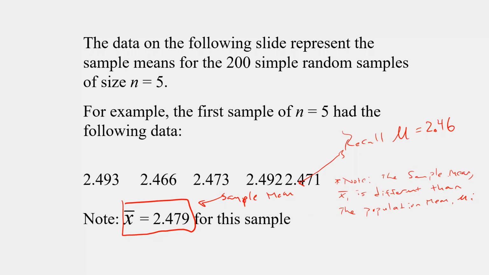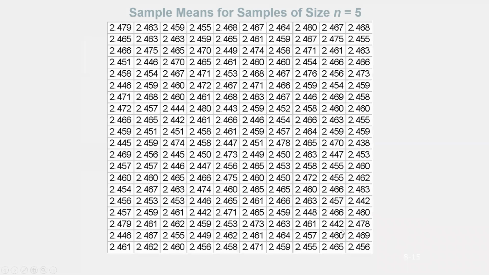Yeah, it's just 5 pennies. Of course their average is going to be a little different. It's just a random sample of 5 things. That's perfectly okay. Perfectly normal. So here's the full data set. These are my 200 X bars.